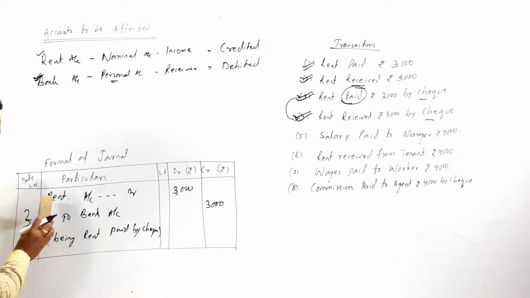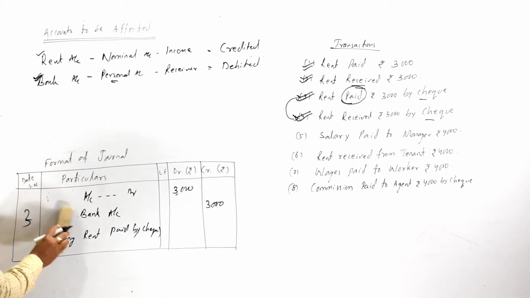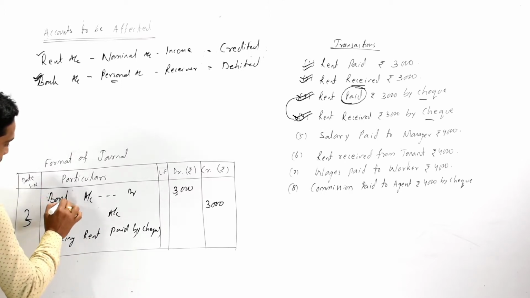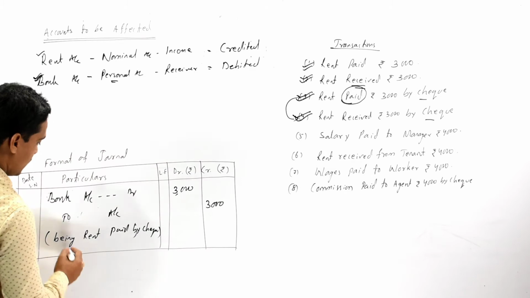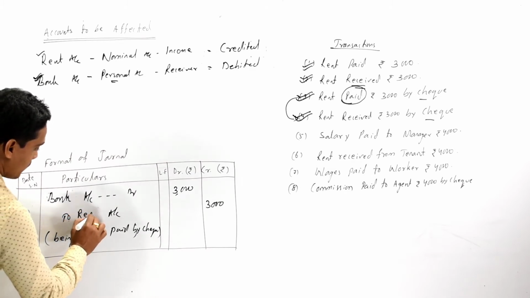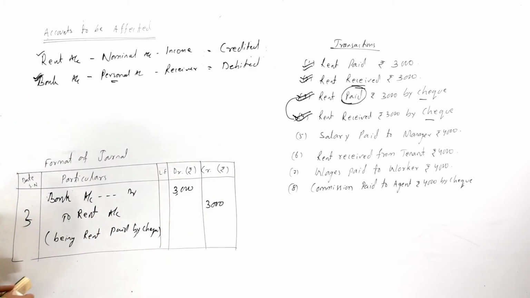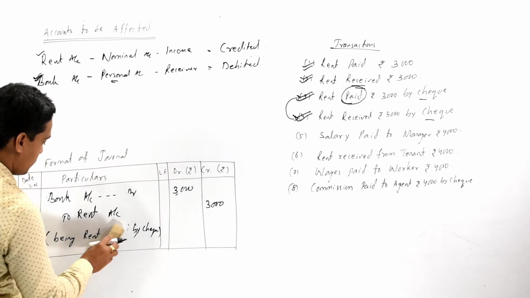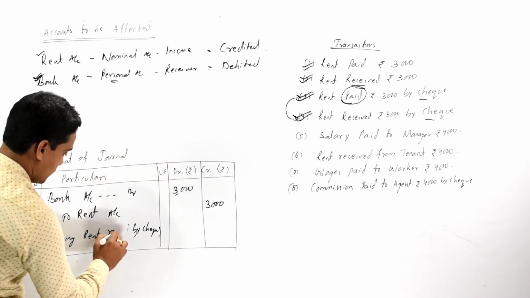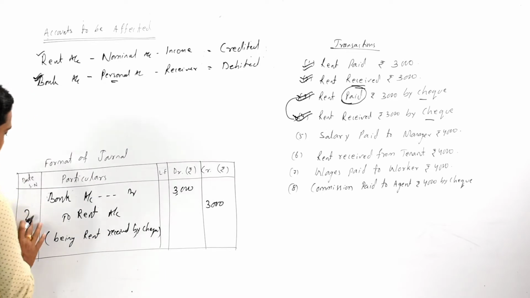So our journal entry should be bank account debit 3000 to rent account, and narration should be being rent received by check, and our serial number should be 4.